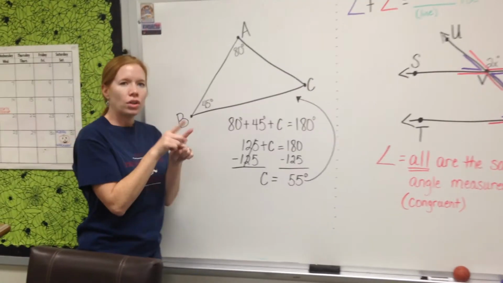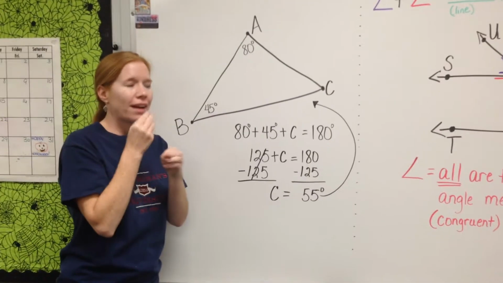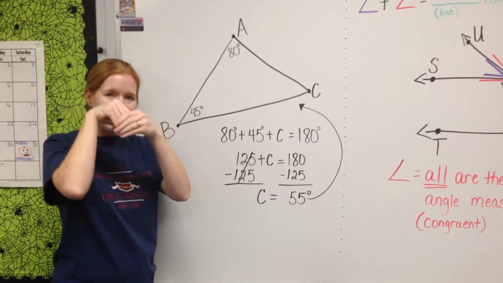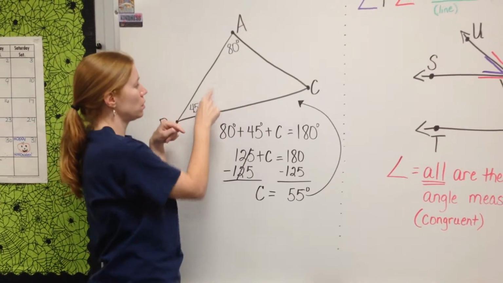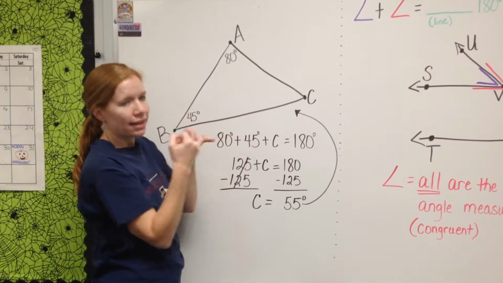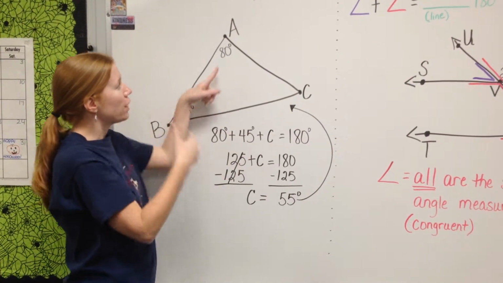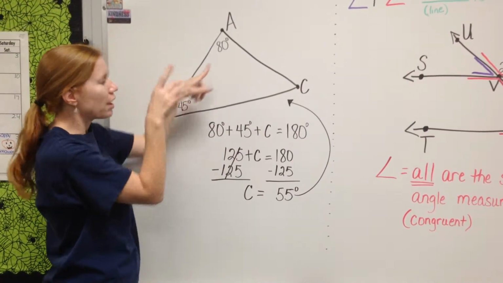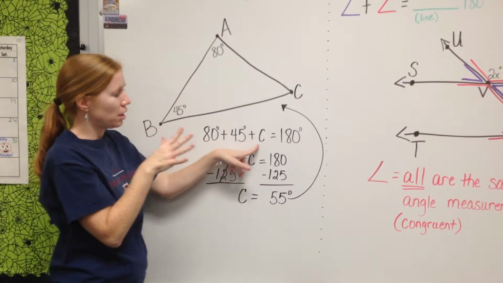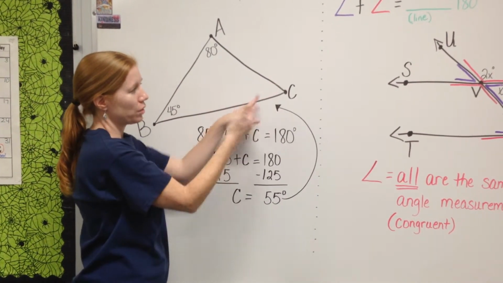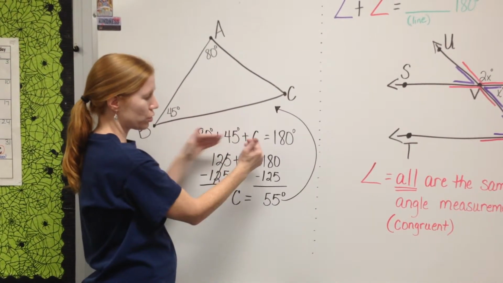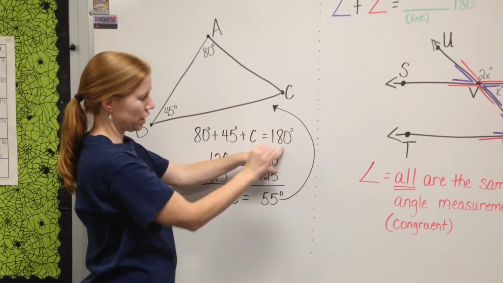Also, something else you need to know for math is that if we add up all of the angles inside a triangle, it will equal 180, just like the line. So if I add 80 plus 45 plus this angle here, I don't know how much it is, but I can add all three of those, and they're going to equal 180 degrees.